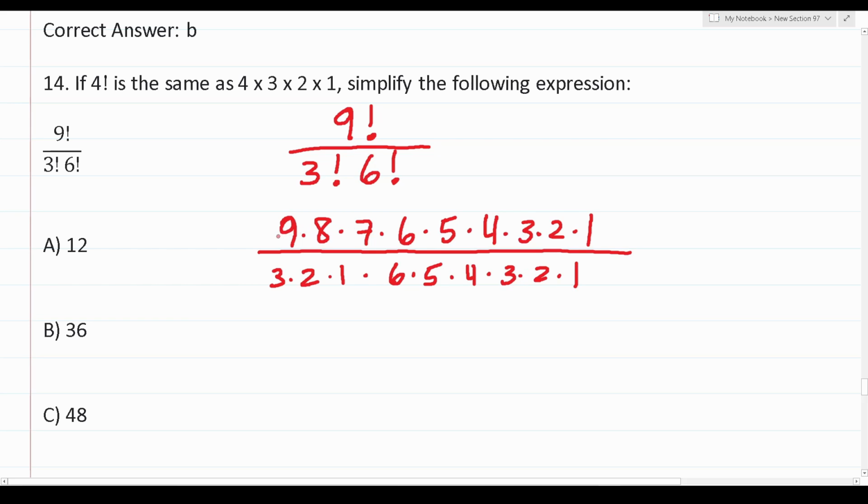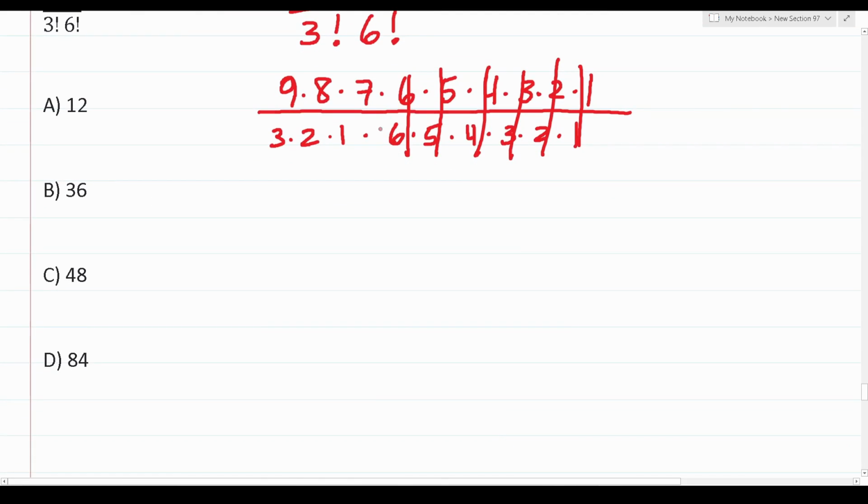Now, if you took the time to work all this out, the test would be up by the time you were done. So it should be obvious that in our numerator and denominator, we can cross out corresponding values, notably 6, 5, 4, 3, 2, and 1. So this simplifies to 9 times 8 times 7 over 3 times 2 times 1.